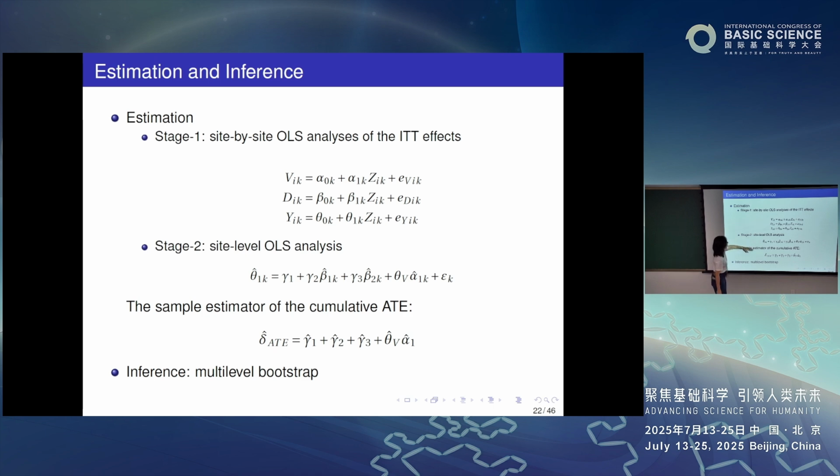And then we plug into a second stage analysis, that is a site level OLS analysis. We regress the estimated effects of Z on Y on those estimates obtained from the first stage. And then you can obtain estimates of gamma 1, gamma 2, gamma 3, and theta v. And then you just plug into the formula for the cumulative ATE, you can get your estimate.